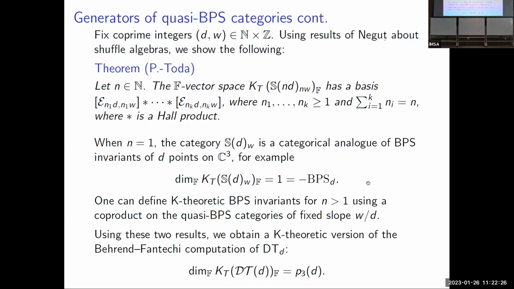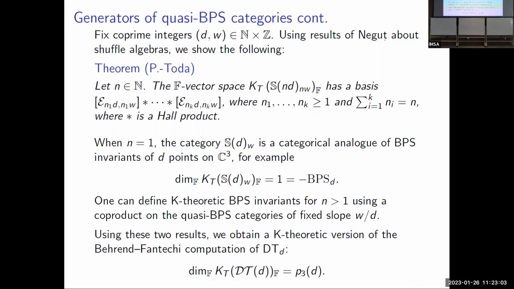And even when the greatest common divisor of points and weight is not 1, you still recover that the dimension of this localized equivariant K theory is 1, which is the absolute value of the BPS invariants of D points. So again, in this categorical world, if the greatest common divisor is 1, we get some pieces that are like BPS invariants. But if it is not 1, we just get some new phenomena. But using these two theorems that I mentioned, we recover a K theoretic version of the Behrend-Fantechi computation.